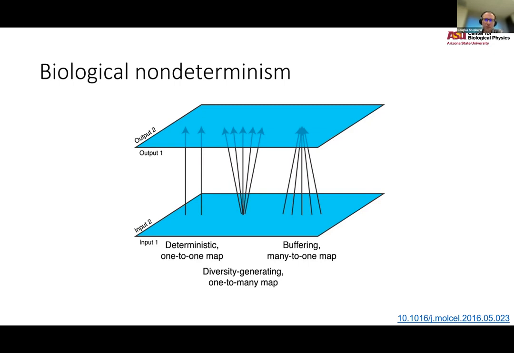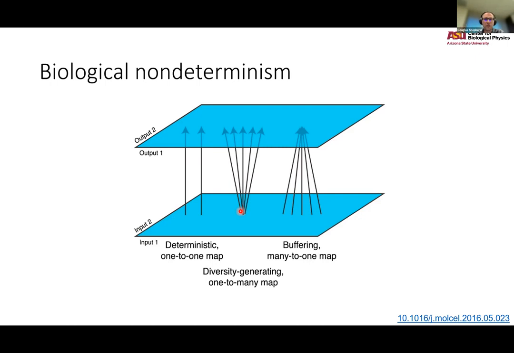In reality, some evolutionary pressure has caused these systems to go from where they have an input, and then maybe they're always going to have the same response to that input. I would call that deterministic, right? So maybe we have 2 dimensions of an input, heat and salt concentration, or heat and nutrient availability, and the regulatory system is primed to always do the same thing. You could have diversity generation where the one input generates a lot of responses. You could imagine this might be some example of bet hedging, right?